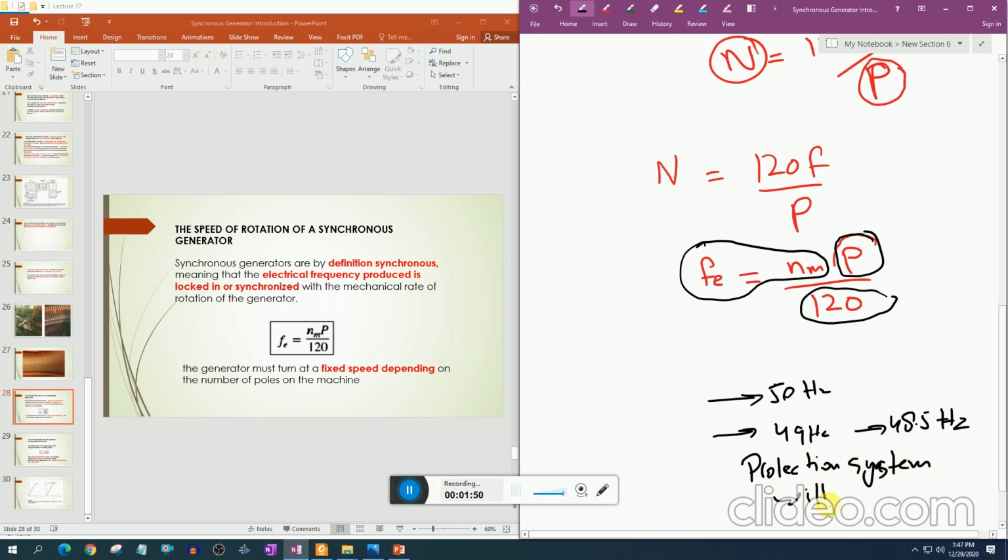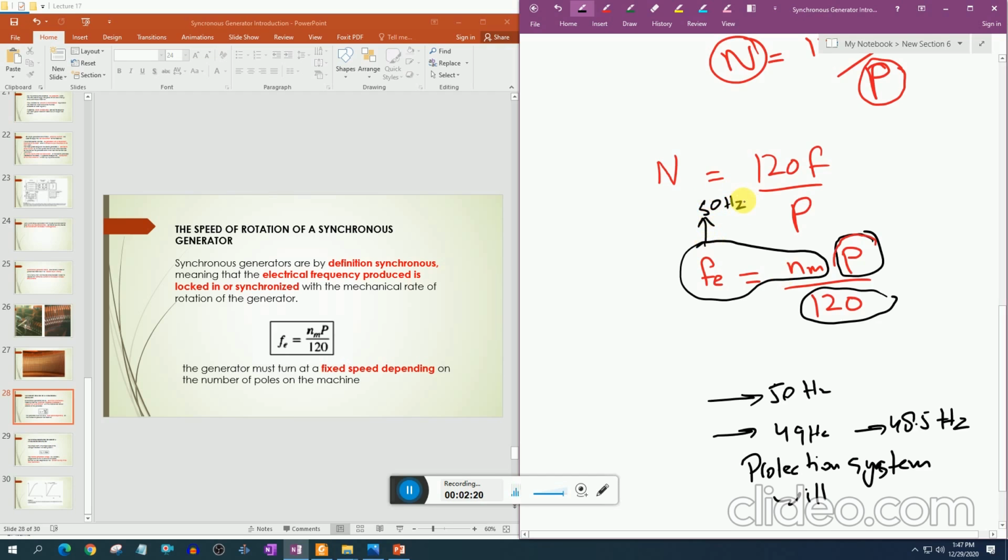So Nm has to be maintained at this speed, and this speed is controlled by the wicket gates which I showed you in the figure, and these wicket gates are controlled by a highly sensitive governor. So the governor knows how much the gate should open so that the amount of water released strikes the turbine to produce a frequency of 50 Hz at the given load.